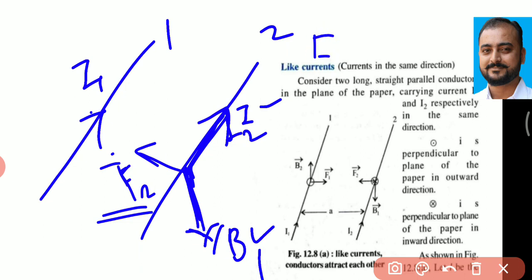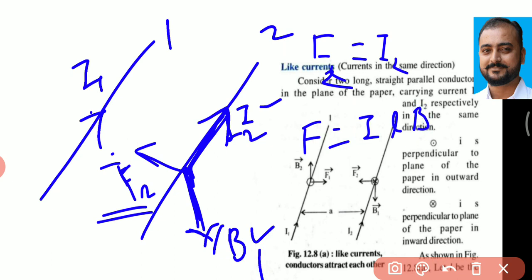Simple. F2 is equal to I2, the current, multiplied by magnetic field. So simply we can write F equals I into L into B. We have this formula.